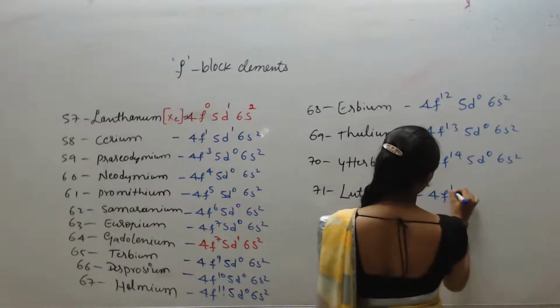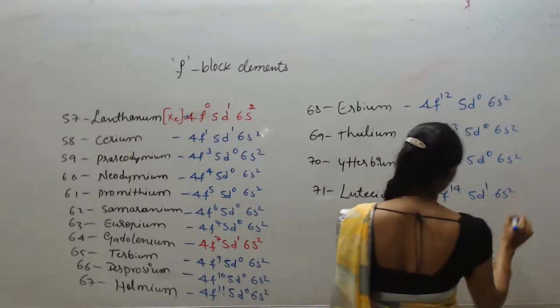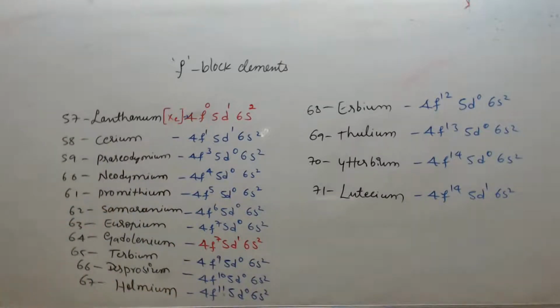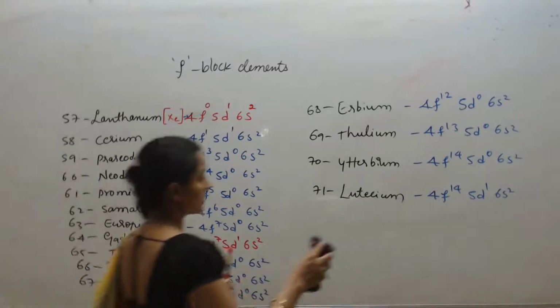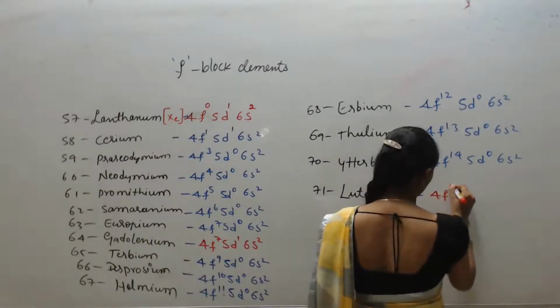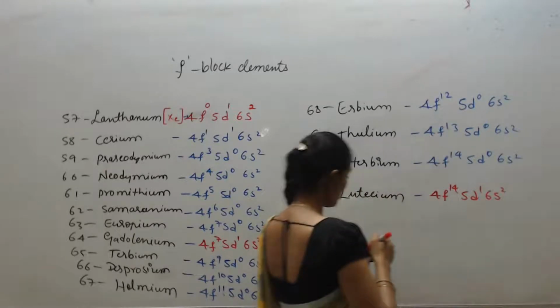Last, 4F14, 5D1, 6S2. So students, here, what we are going to see is the valence shell configuration of this. So here what happens?